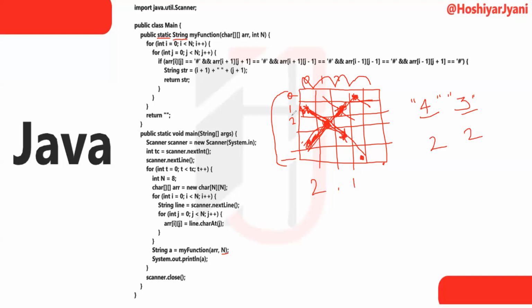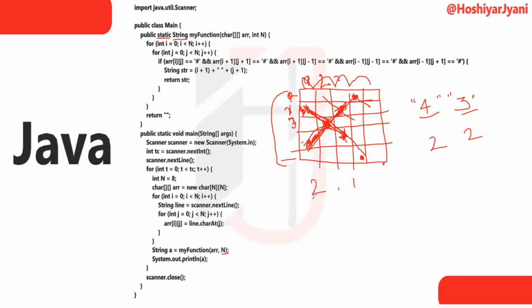But our answer is not 2 1. We do not follow 0-based indexing, we follow 1-based indexing. So this is our first row, this is our second row, this is our third row, and this is our first column, this is our second column. When we follow 1-based indexing, we increment by 1 in each position.